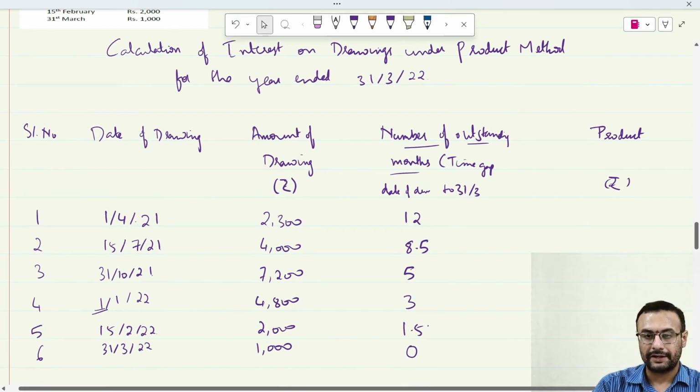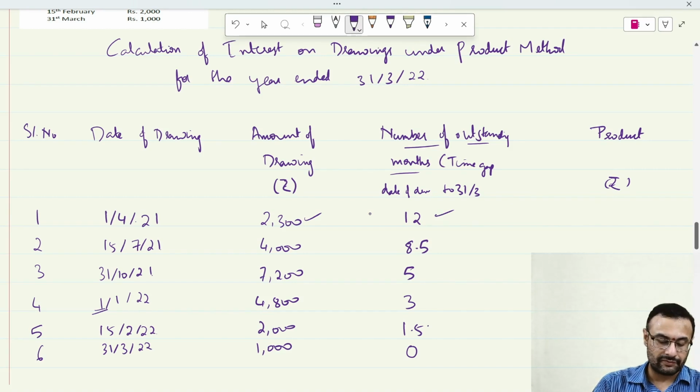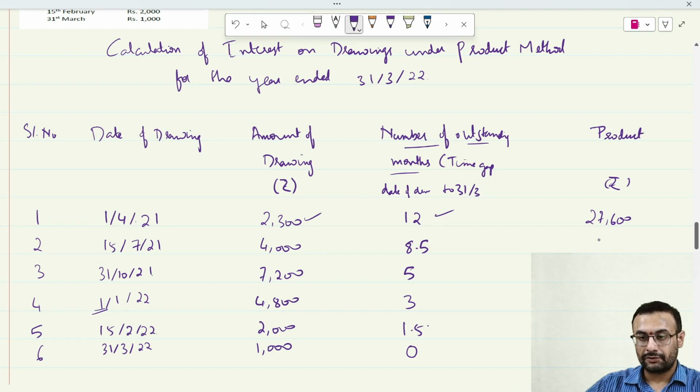Now take your calculator. Let us calculate the total product. Total product will be this column into this column. So what will this be? 2300 into 12, which is equals to 27,600. Then 4000 into 8.5, which is equals to 34,000.